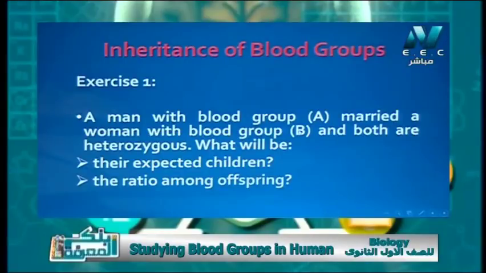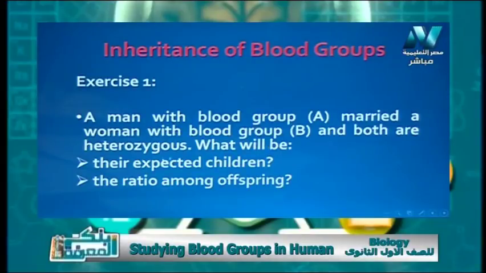B is the same. So the head of the question should mention whether the person is homozygous or heterozygous. So complete it with me. And both are heterozygous. So the man is A heterozygous and the woman is B heterozygous.